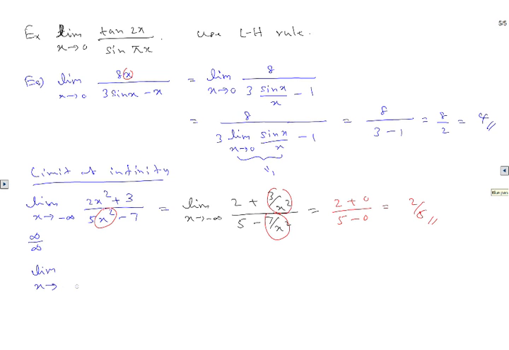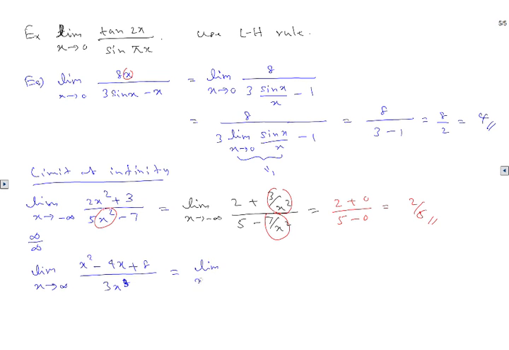The limit as x goes to positive infinity of x squared minus 4x plus 8 over 3x cubed. As before, we can divide by the largest power in the denominator, which is x cubed. So if you divide by x cubed, what do you get?